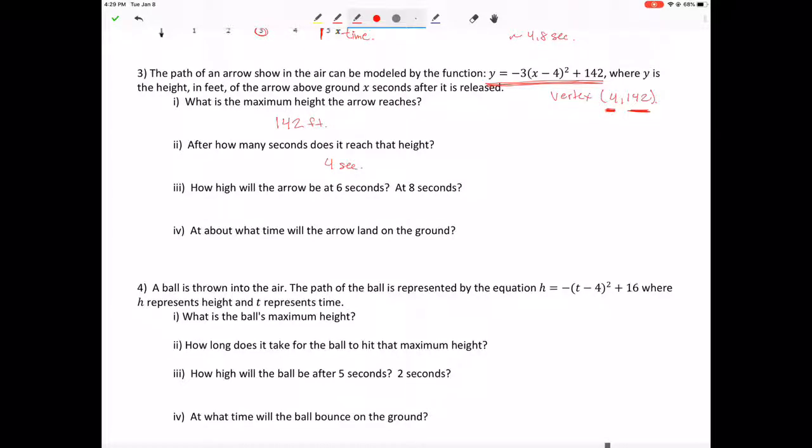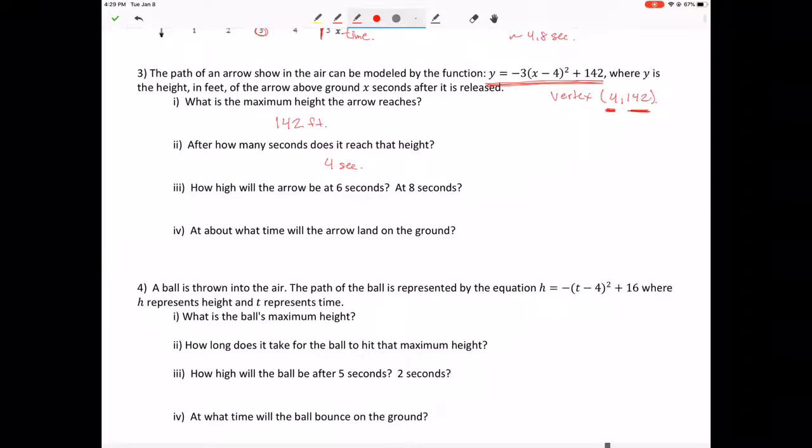All right, and then they ask, how high will the arrow be at 6 seconds and also at 8 seconds? Okay, so if you have this in your calculator to graph, all you have to do is when you're at the graph, you click trace, and then you can plug in 6 and enter.